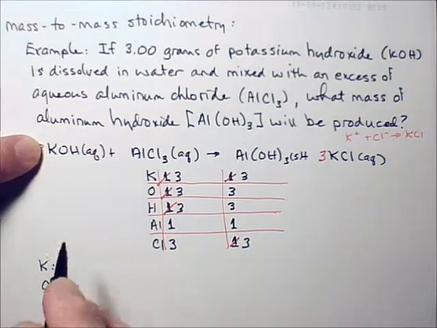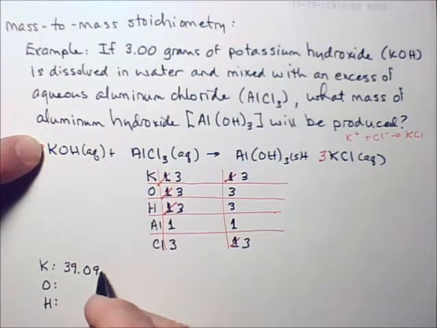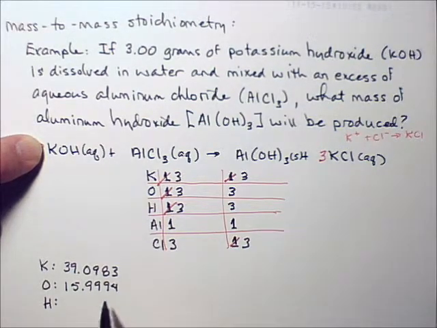All right. So we're going to have 1 potassium, and potassium's atomic mass is 39.0983, and oxygen's atomic mass is 15.9994, and hydrogen's atomic mass is 1.00794, and I have 1 of each of these.